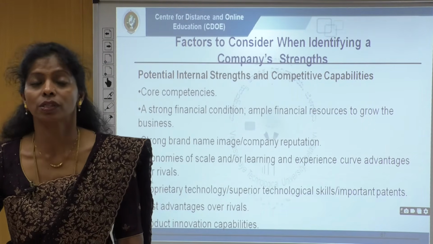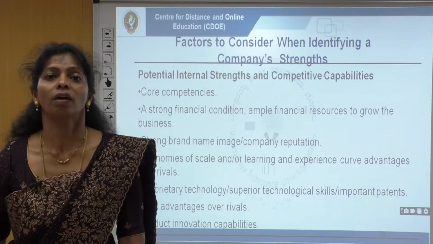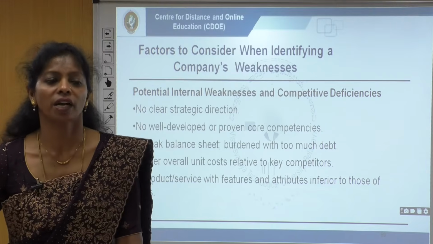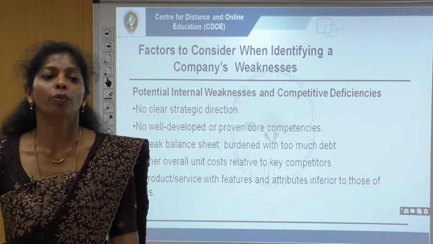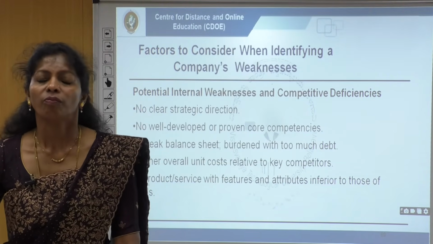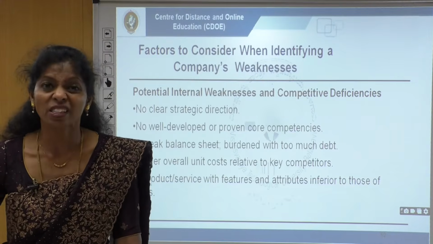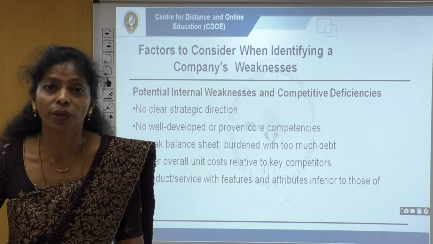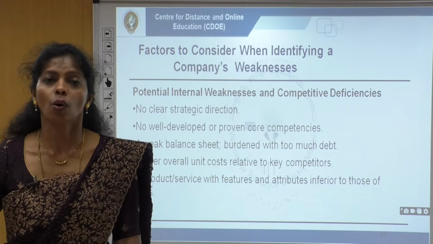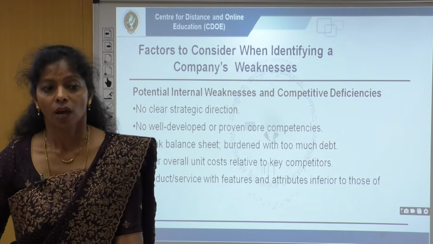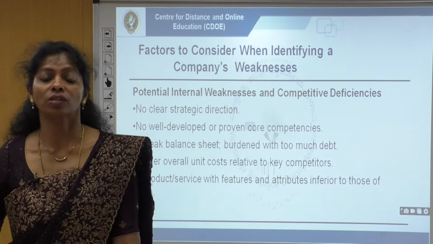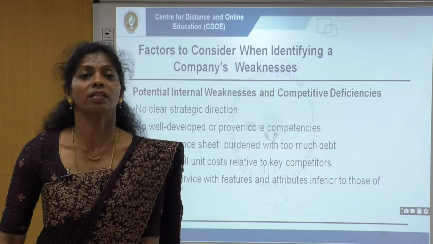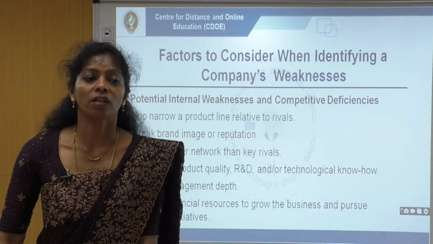The same resource's non-availability can be a weakness for company B. So, when you talk about weaknesses: no clear strategic direction, no proven core competency, not a balanced financial position, product or service is not of superior quality but of low or inferior quality, and overall unit cost is high compared to that of their competitors. All this talks about weakness.